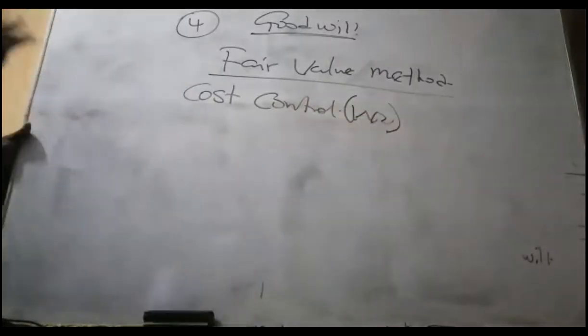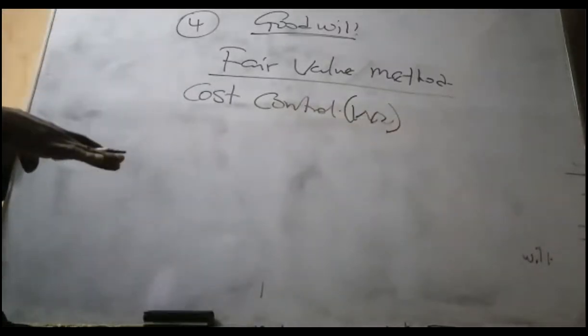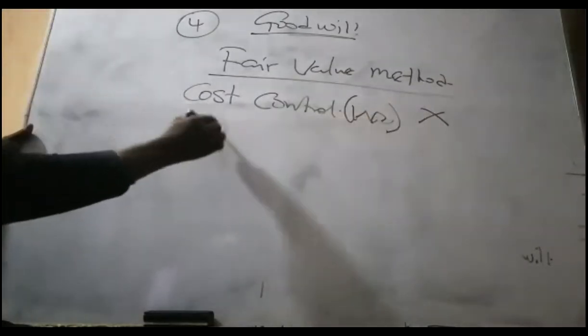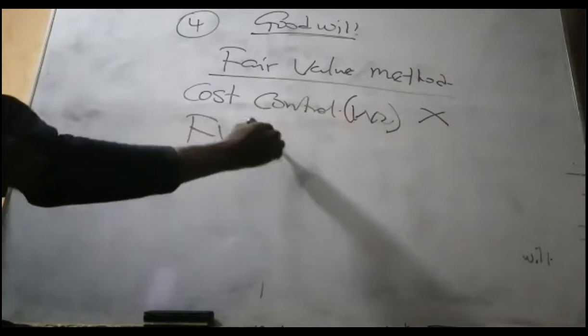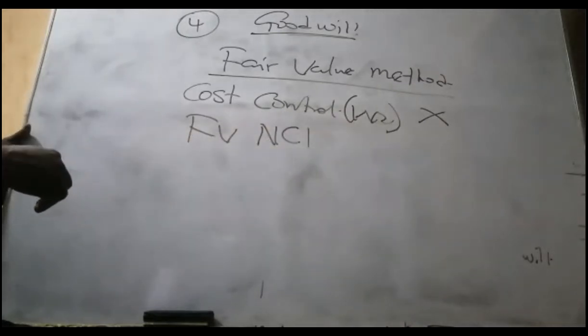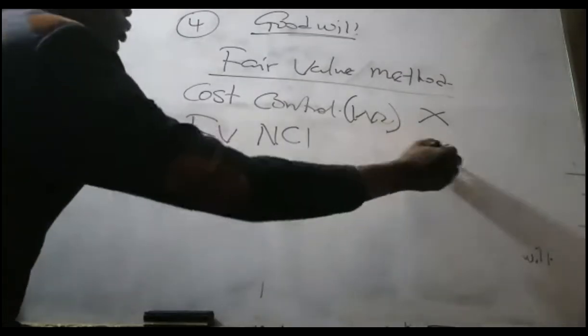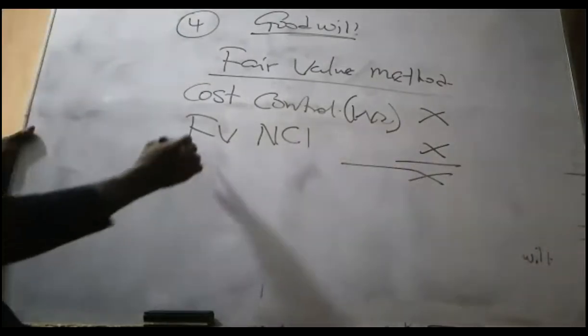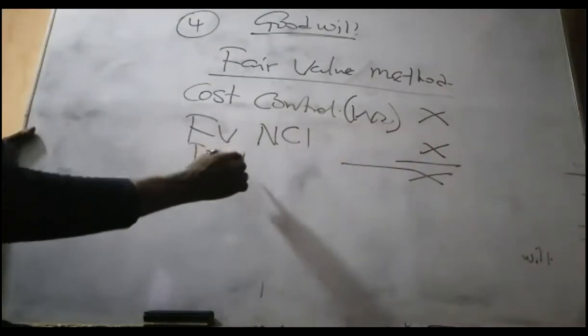Just lift it and put it here from workings number 2. Then you pick the fair value of NCI at the date of acquisition. I will explain that one too. Add it, because we call it total consideration transferred. So this one becomes total consideration.